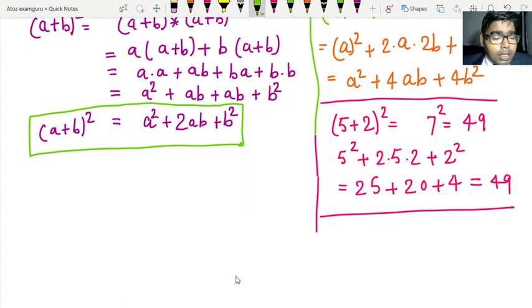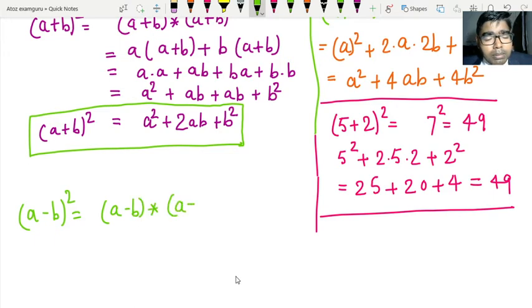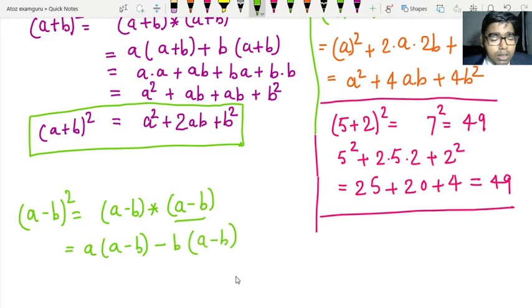That is (a minus b) whole square. How will you expand it? It means (a minus b) multiplied by (a minus b). It means a multiplied by this whole expression (a minus b), and then minus b multiplied with (a minus b).